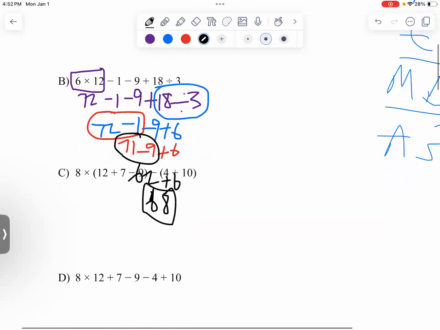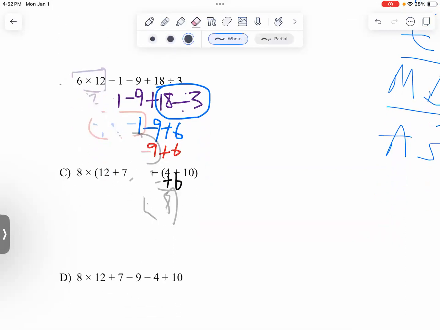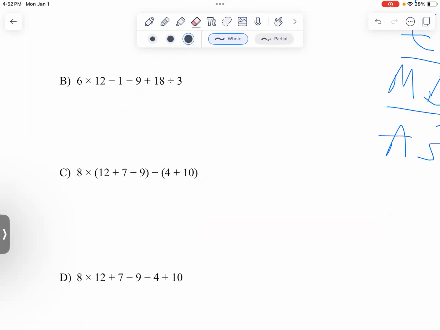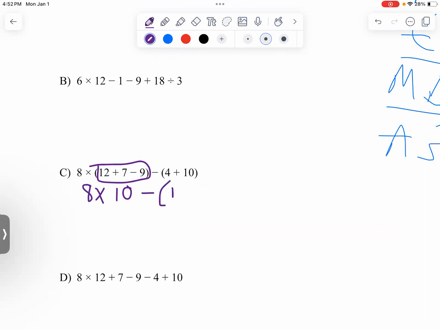Now for C. We have a bunch of parentheses here. Let's take this one right here. We have 12 plus 7 is 19, minus 9 is 10. Then we're going to have 8 times 10 minus, and then we're going to do the 4 plus 10 right here. Just trying to not do too much on one step.